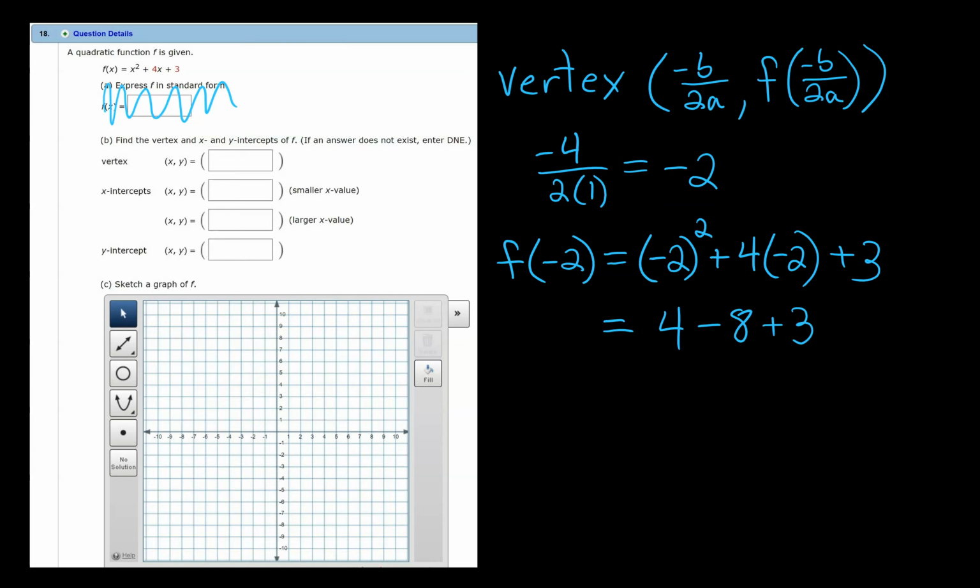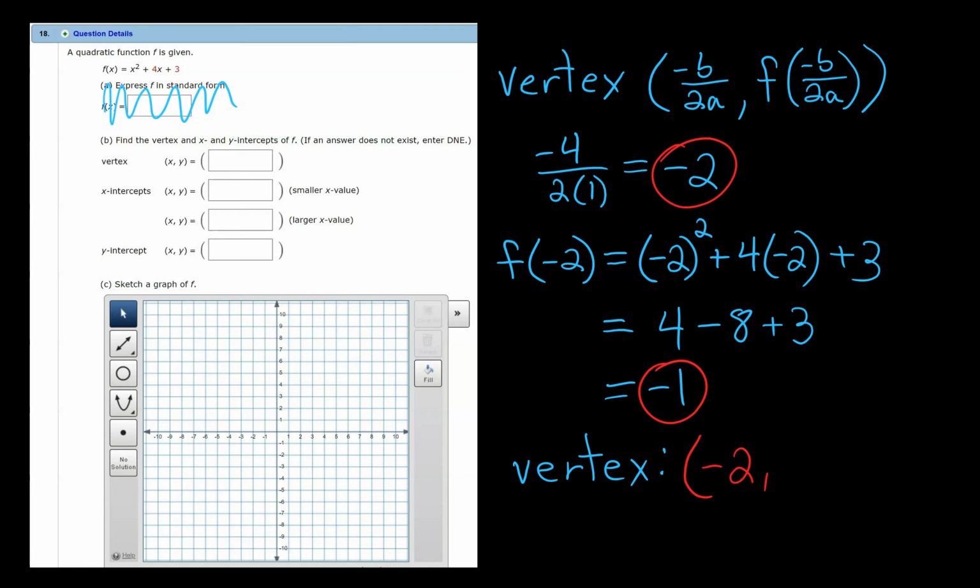So 4 minus 8 is negative 4. Plus 3, we get negative 1. So our vertex is at negative 2, negative 1. So that would be our first box over here.